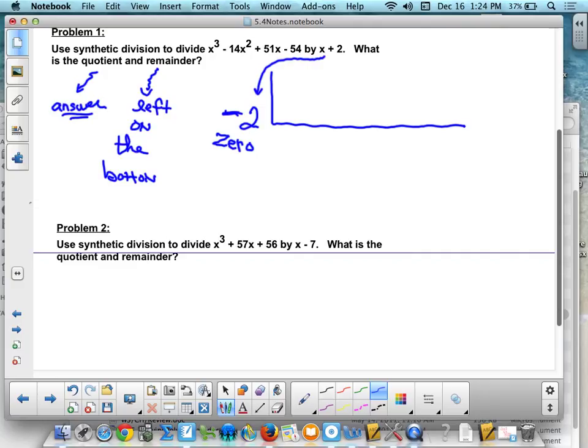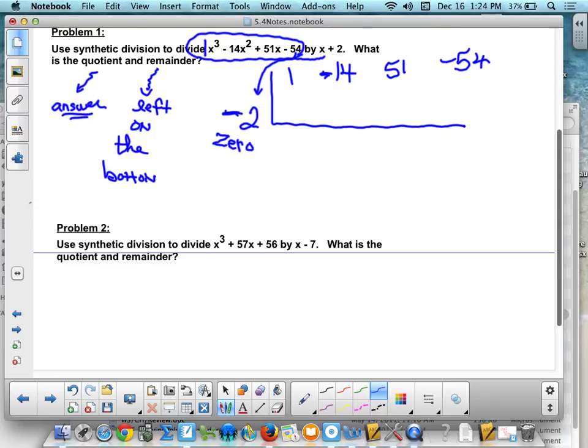So the first, I should have asked you. Is this in standard form? Yes. If it's in standard form, just grab all the coefficients and put them on the top. What's the coefficient in front of x cubed? 1. That goes here. x squared, negative 14. X, 51. And then the constant, 54.